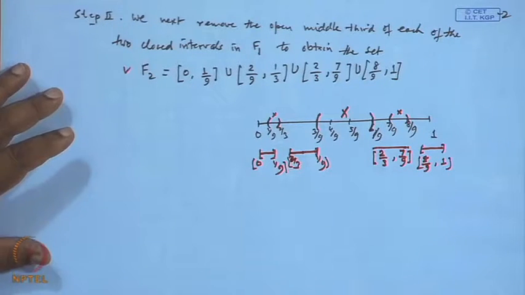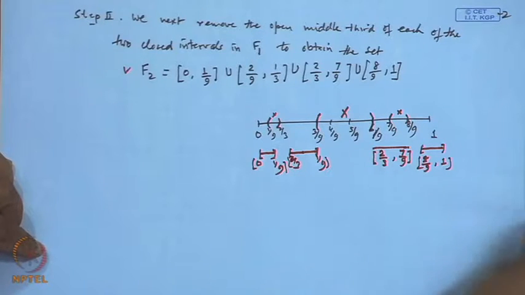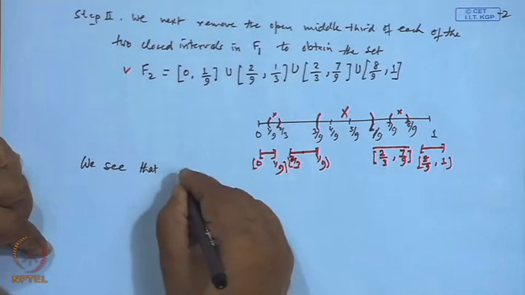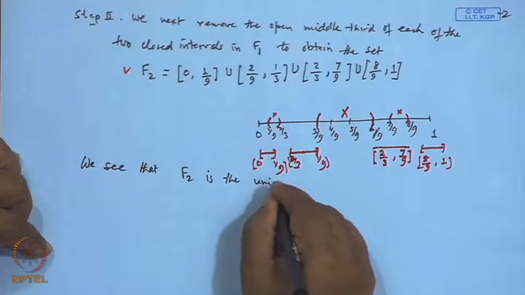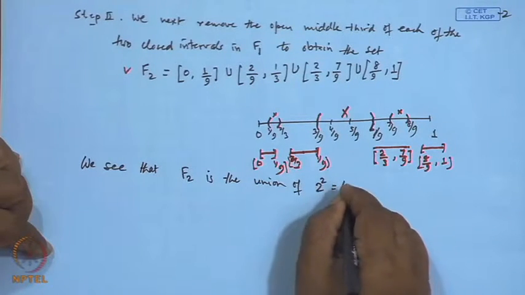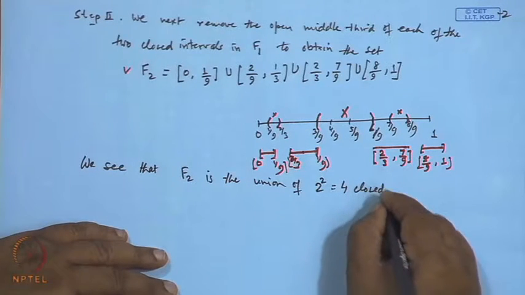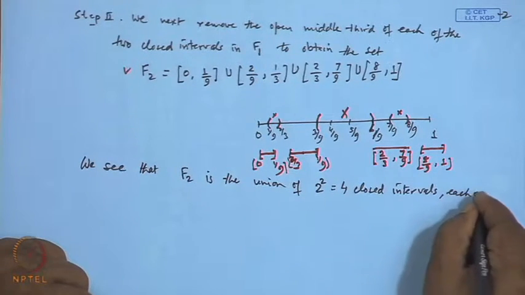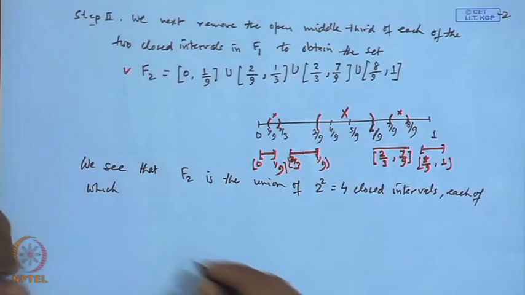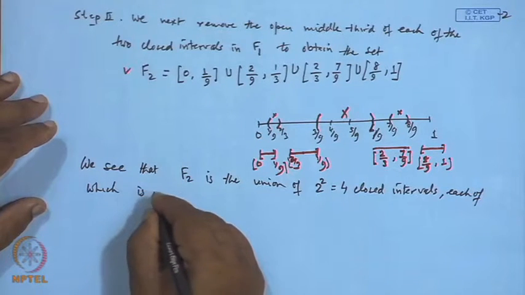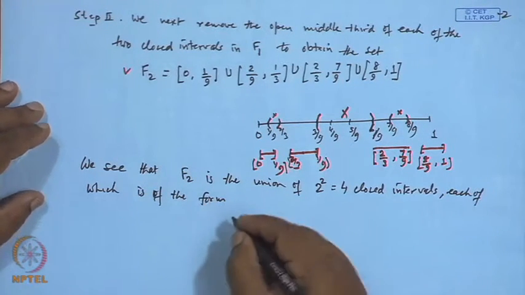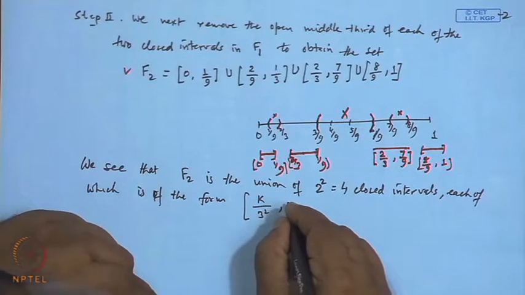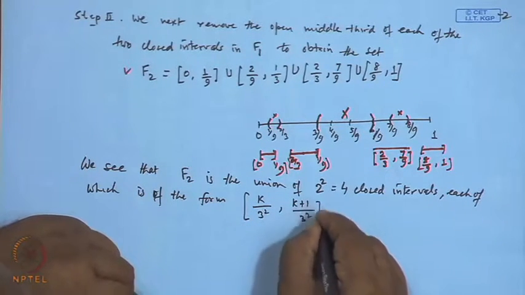Now, we see that F2 is the union of 2 to the power 2, that is 4 closed intervals, each of which is of the form [k/3², (k+1)/3²], is it not?